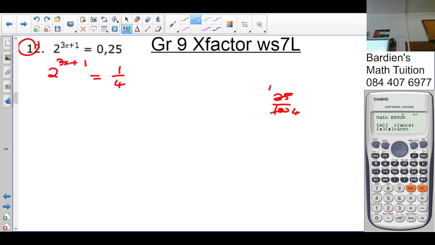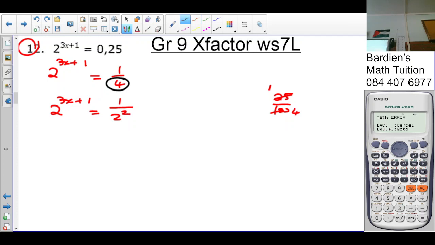But are those bases the same? No. We should make them the same. So 4 can be written as 2 squared. So 2 to the 3x plus 1 is equal to 1 over 2 squared.